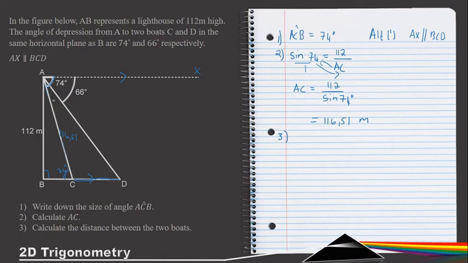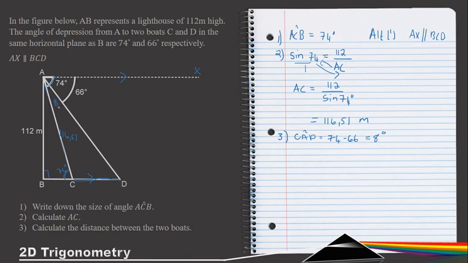If we start off by our sine, we can say that angle CAD is equal to 74 minus 66, so that's equal to 8 degrees. So this is going to be 8 degrees.